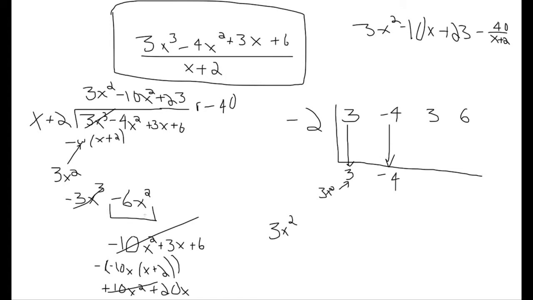So this negative 6x squared that was produced from getting rid of this 3x cubed changed this negative 4x squared to negative 10x squared. So now we have to get rid of a negative 10x squared. So really what we have to do is find out what the excess term is going to be, and we would write the excess here. So this is where the excess term would go, okay?